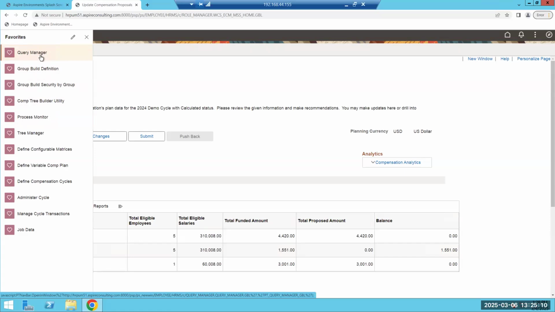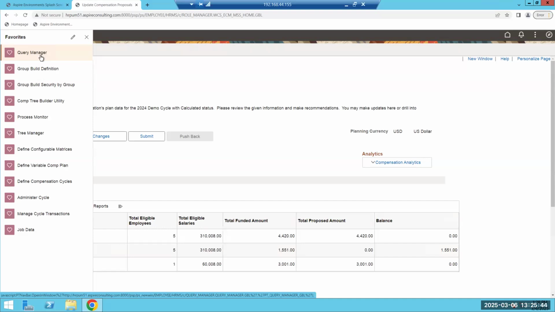The comp cycle uses PeopleSoft's group build functionality for driving the population that is in the cycle. Group build allows you to define criteria that must be met to include someone in the cycle, but it is somewhat limited as far as its capabilities.